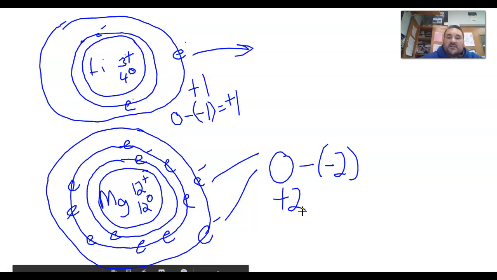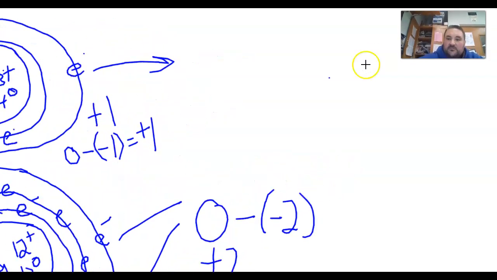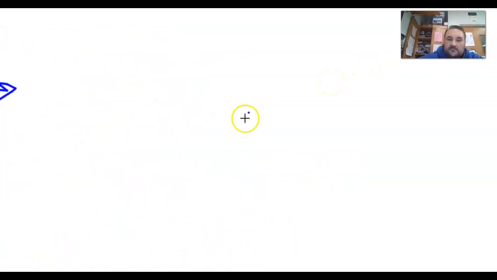And last but not least, if we look at aluminum, aluminum is 13 protons. It has an atomic mass of 27, so it has 14 neutrons.